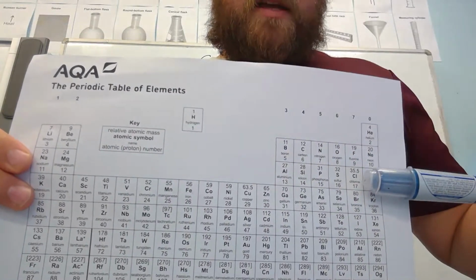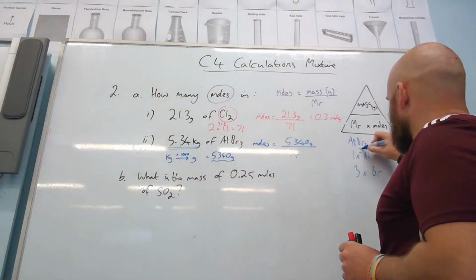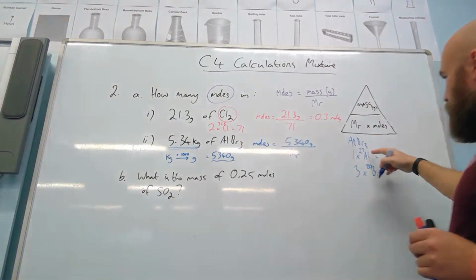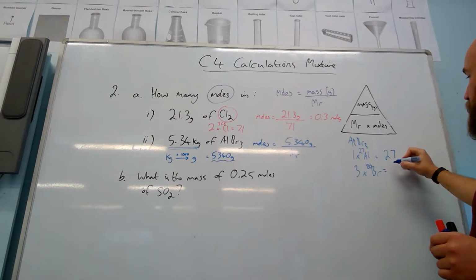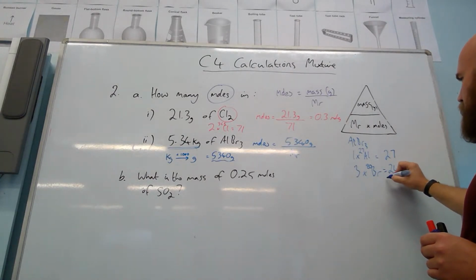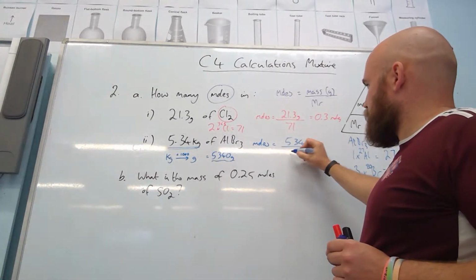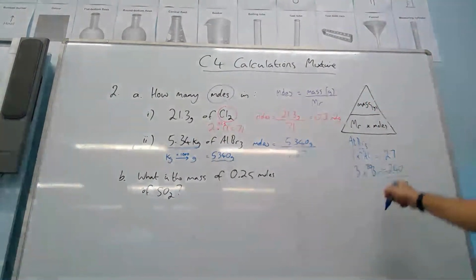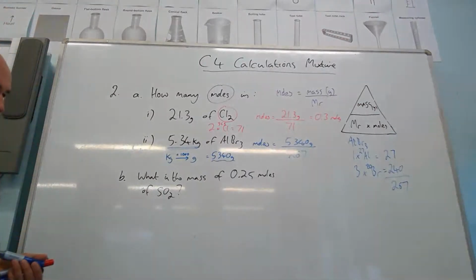And bromine weighs 80, or has a mass of 80. 27, 80. So 1 times 27 is 27. 3 times 80 is 240. Add them together, 267. So the MR of AlBr3, aluminium bromide, is 267.